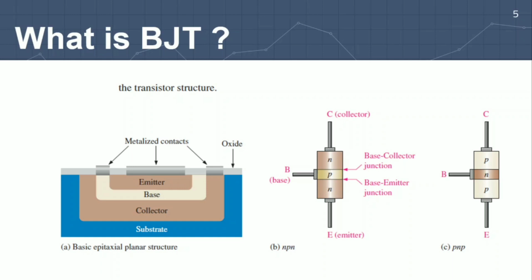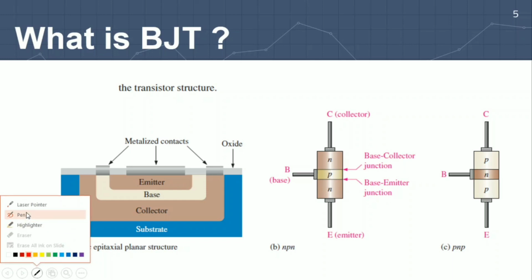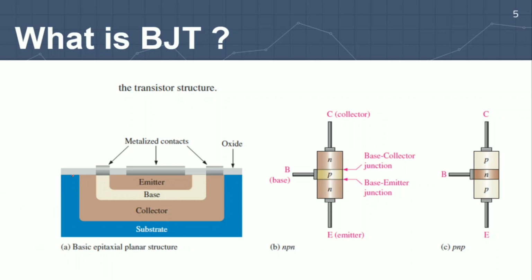The next is the physical structure of BJT. In this physical structure, you can see how the BJT is actually fabricated, how it is manufactured, what the different layers are, and how it looks physically. In this, the very first layer, the base layer, is the substrate layer, which is blue in color.